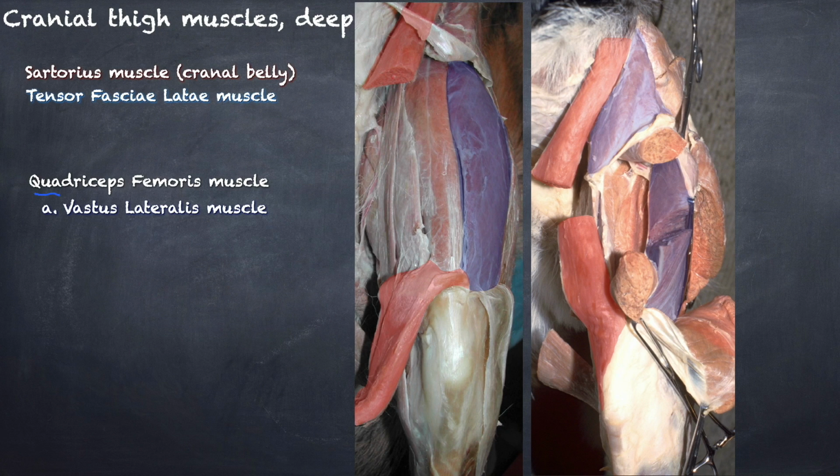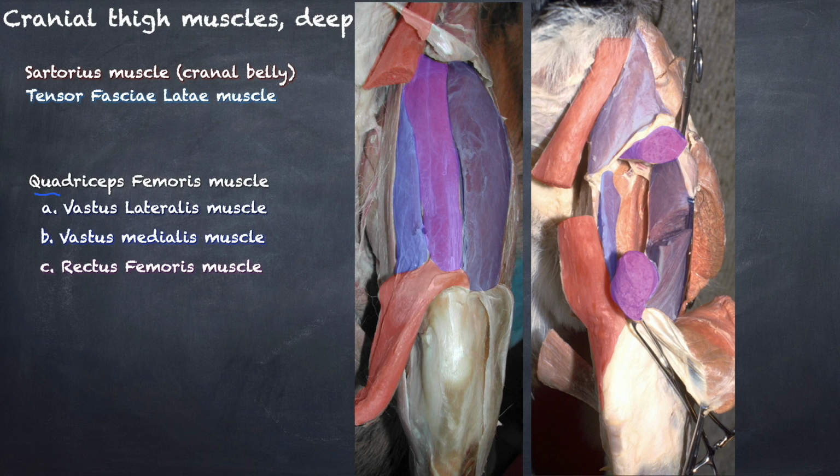Then we have the more medial belly, the vastus medialis. Right in between the two, the one that we've transected on the right image is the rectus femoris muscle. And then in between the two vastus, right up against the bone, is the vastus intermedius. Okay? So the vastus muscles, remember, all of them originate from the femur.